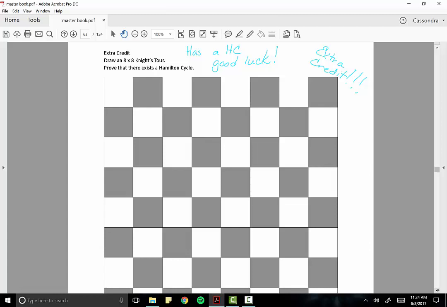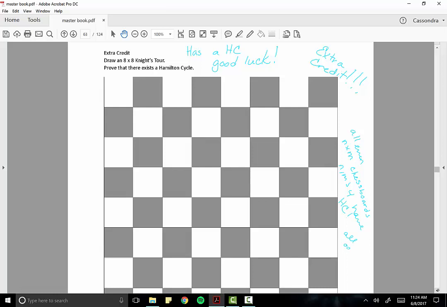Fun fact, all even n by m chessboards, when n and m are greater than 4, have Hamilton cycles.